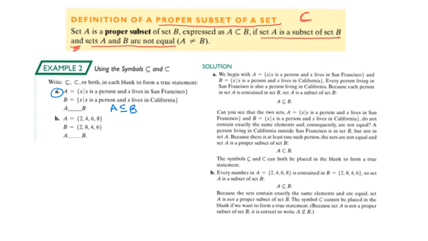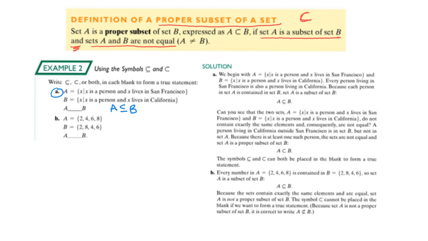The second thing you need to look at for this first problem is, are these two sets exactly the same? Are they equal? Remember the definition for equal sets: regardless of order or repetition, they have to have the same elements. So is living in San Francisco exactly the same as living in California?